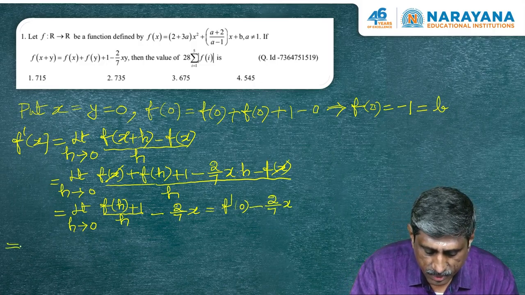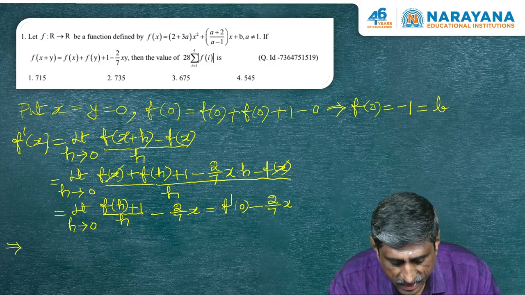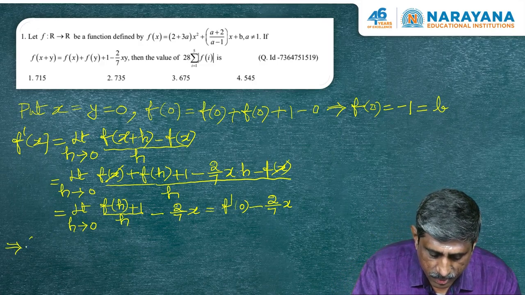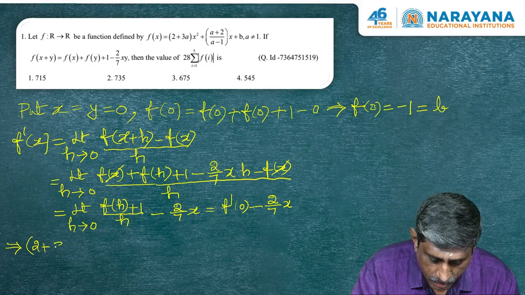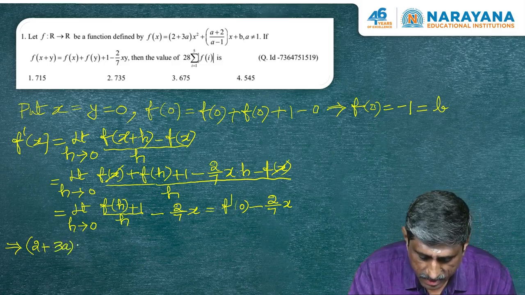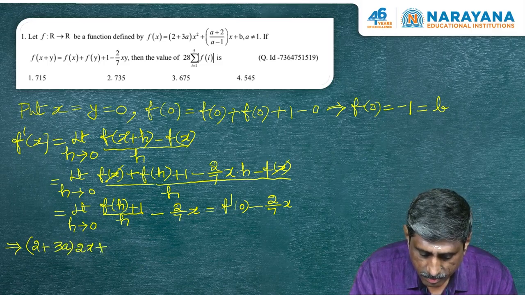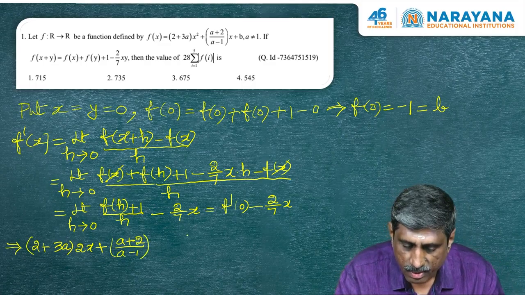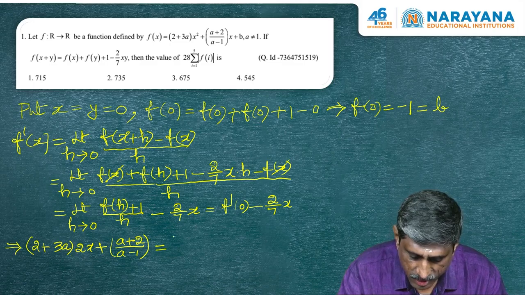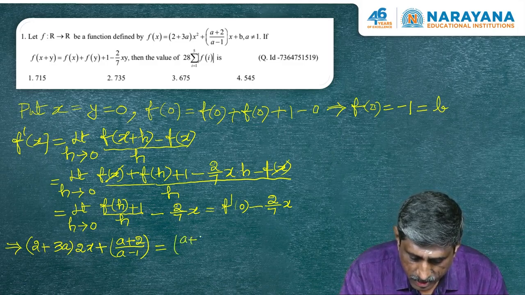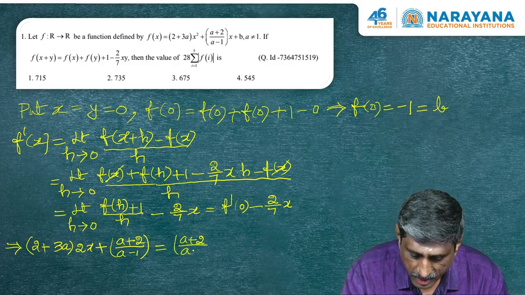Now, when you substitute the given function f of x here, f dash of x becomes (2 plus 3a) into 2x plus (a plus 2) by (a minus 1) into x, derivative of 1 plus b is 0, and this is equal to f dash of 0. When you put 0 here, f dash of 0 becomes (a plus 2) divided by (a minus 1).